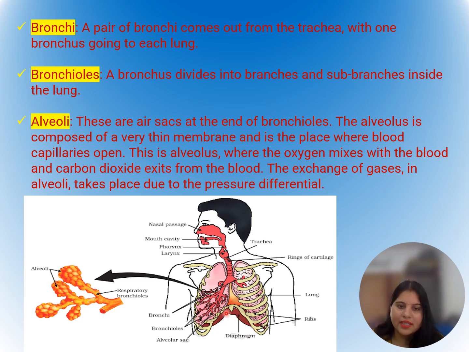Now, bronchi are further divided into many sub-branches, that is known as bronchiole. Then bronchiole is also further divided into alveoli. So alveoli are balloon-like structures. Here the blood capillaries come and exchange the gases in the alveoli.